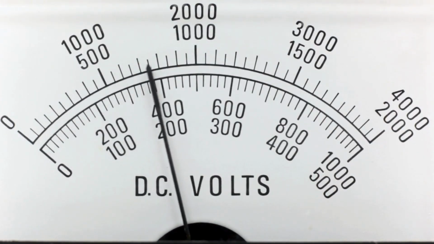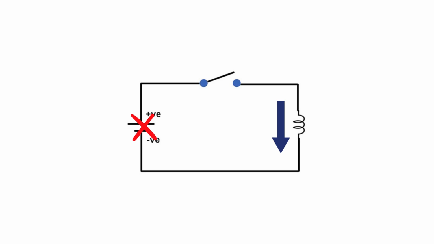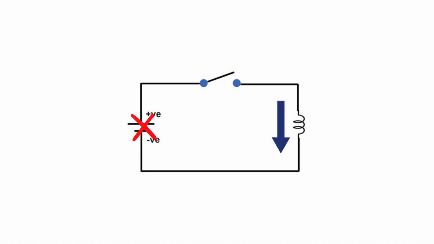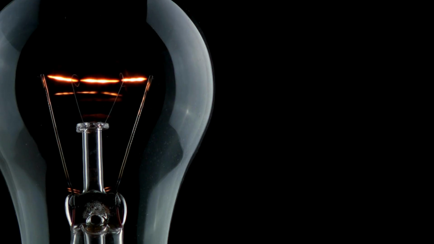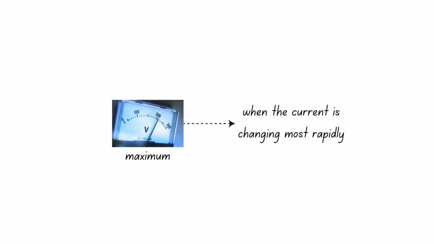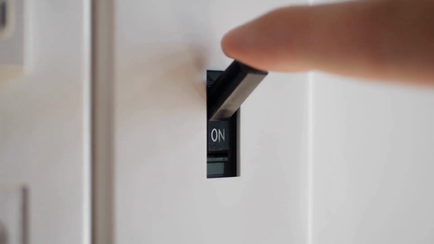From Lenz's law, this voltage opposes the decrease in current, trying to maintain it at the same value, thus causing it to reduce relatively slowly. In this way, the inductor acts as a power source by dumping all the energy it had stored up back into the circuit. The maximum voltage in the inductor is induced when the current is changing most rapidly, which is at the moment when the switch is opened.